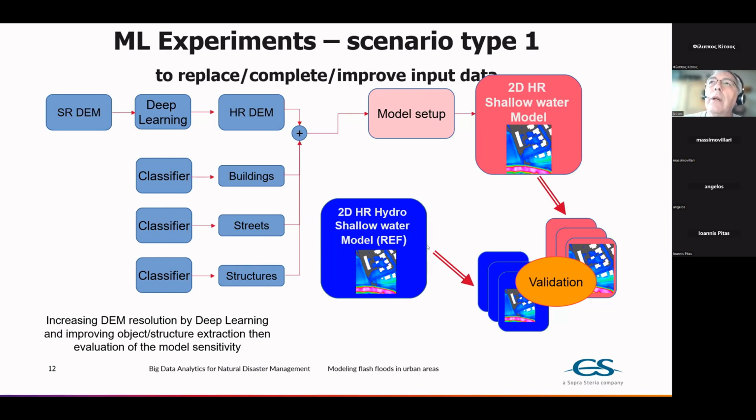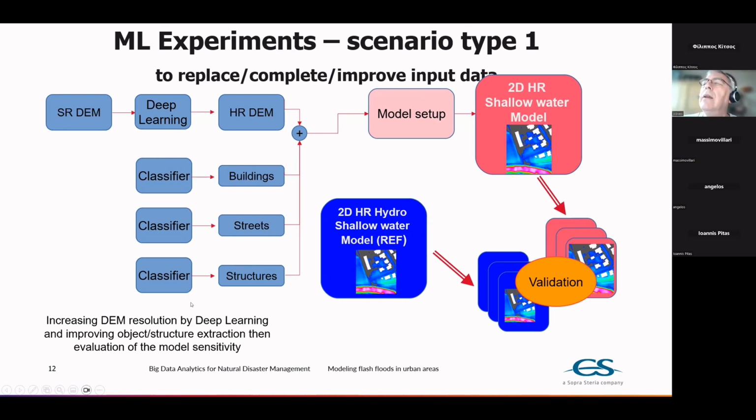Here, what we are trying to do is to figure out if we have a bad quality digital model, let's say with a low resolution, like 100 meters, are we able, by deep learning, to increase the quality to have a high resolution model, let's say about 30 meters, 20 meters, 10, depends.